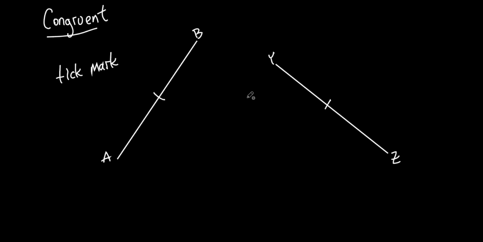So if you see a little tick mark here and here, that means this segment is congruent to this one, even though we don't know how long it is. I don't know if it's 5 inches or 7.32 inches, because there are no coordinates here. I can't figure out how long they are, but I do know that they are the same, because they have one tick mark here and one tick mark here.